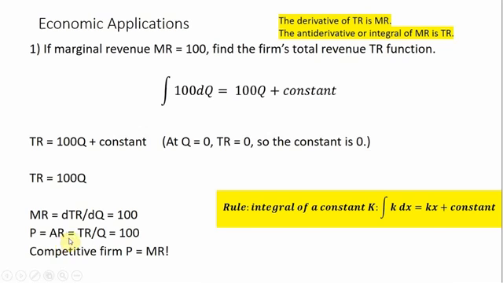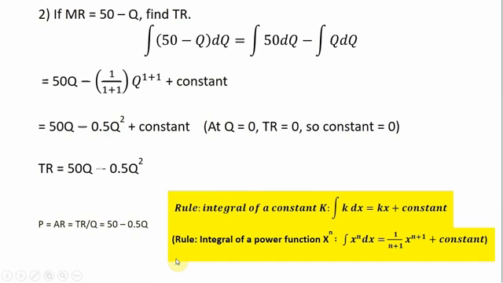So price equals average revenue, which just equals your total revenue divided by q. So in this case, price equals 100. So we're really dealing with a perfectly competitive firm in this example. A perfectly competitive firm is a price taker, takes the price as a given, and that price will also equal marginal revenue.